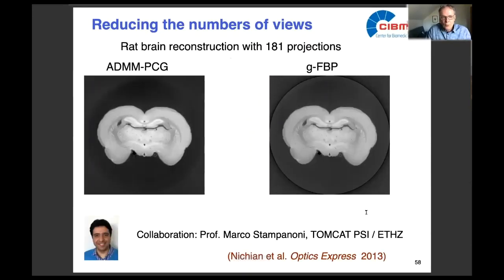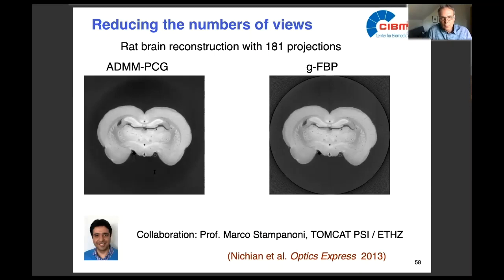And then you can implement the whole setup. This was done by my former student, Masi Nilshan, and he implemented more or less the ADMM counterpart of what Paul had presented for this phase contrast X-ray.